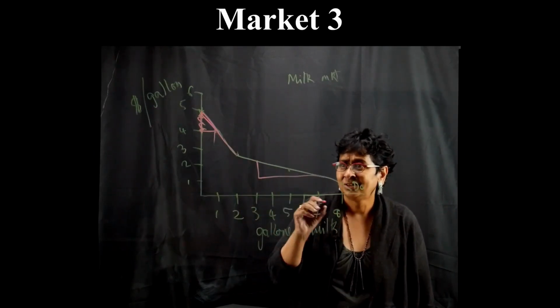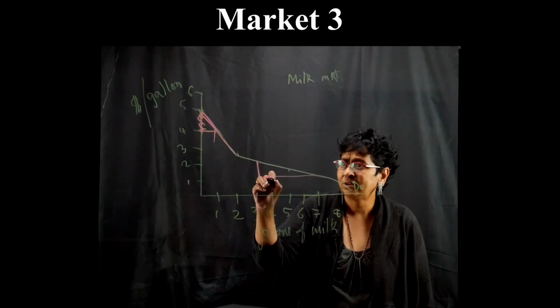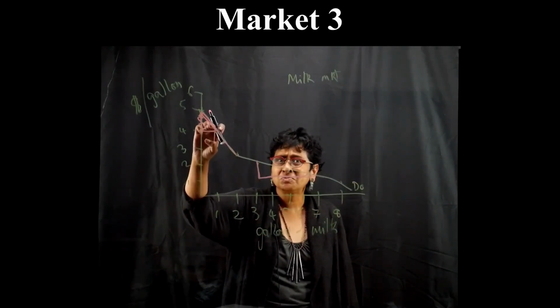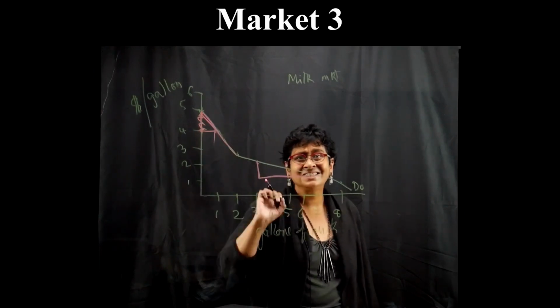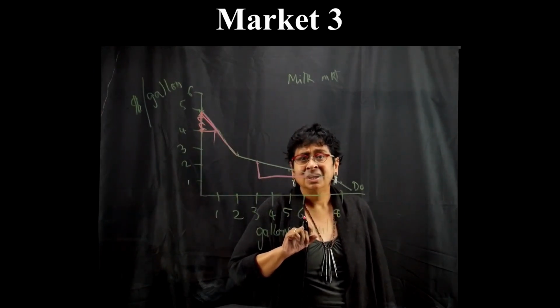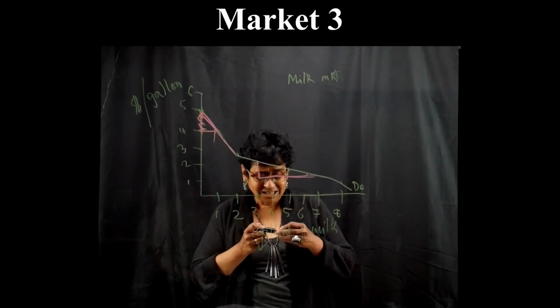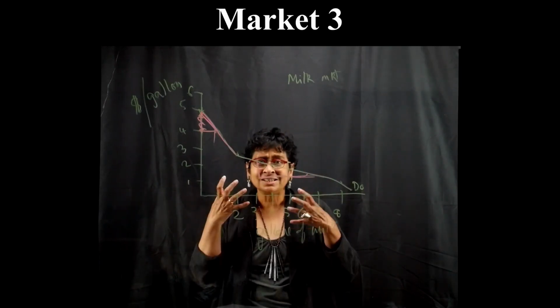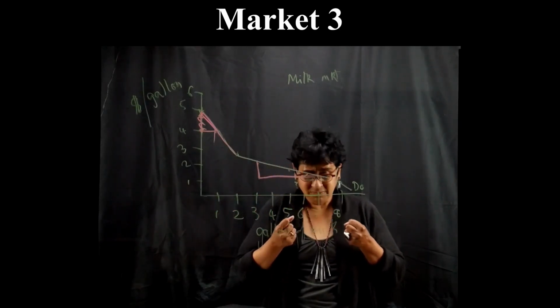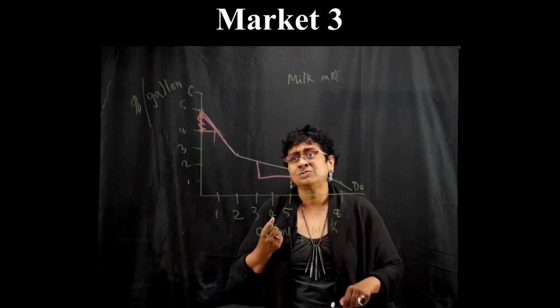Do you see that? Over here, the same $1, huge increase in quantity. What this means is up here, there's not very much responsiveness. Down here, there's a ton of responsiveness. So elasticity is a formula that seeks to show you the responsiveness of quantity to prices.